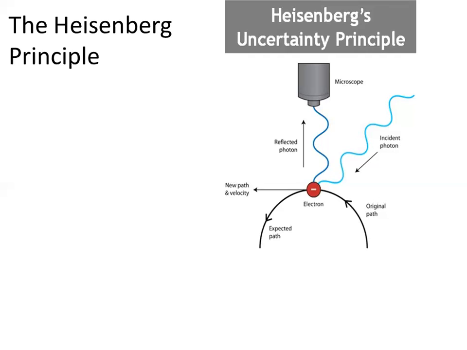If we can locate the position of the electron, can we also measure the velocity or the momentum? And this would be the angular momentum because it is moving in a circular path.